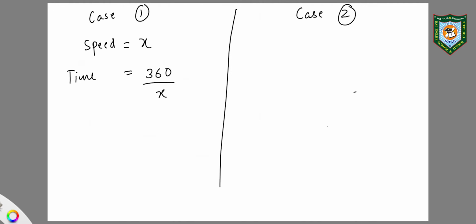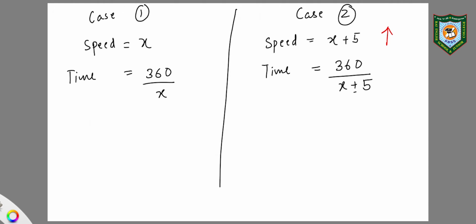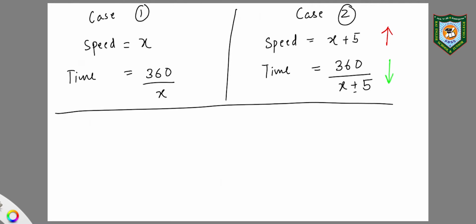In case 2, my speed is equal to x plus 5, which means my speed has increased. Therefore, the time taken is going to be 360 divided by x plus 5, which means that the time has decreased. So from this, I can say that the time taken in the second case is lower.